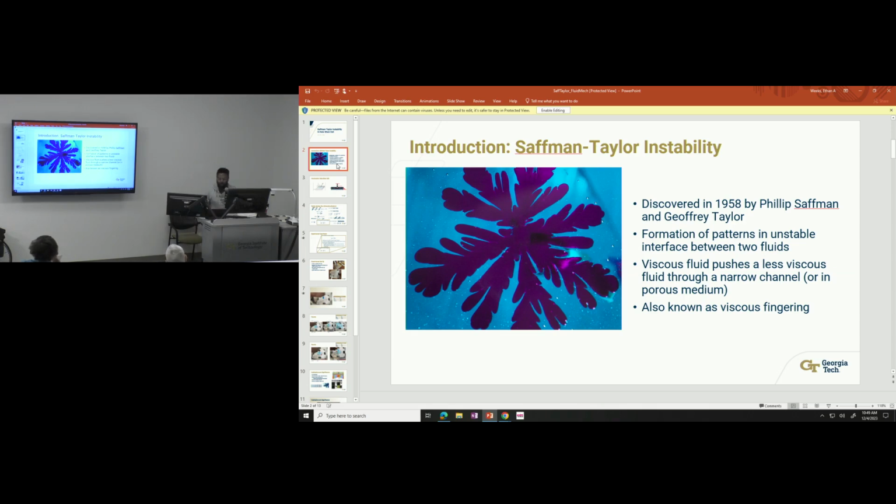I wanted to demonstrate really quickly, but if I can't get the cam to work, I have a video of it. So right now I'm adding water into the Hele-Shaw cell, which I'll explain in a minute.